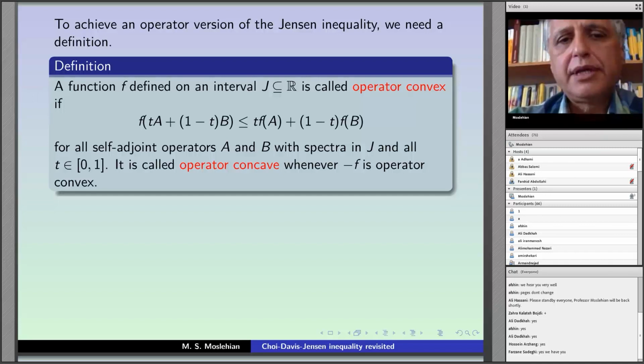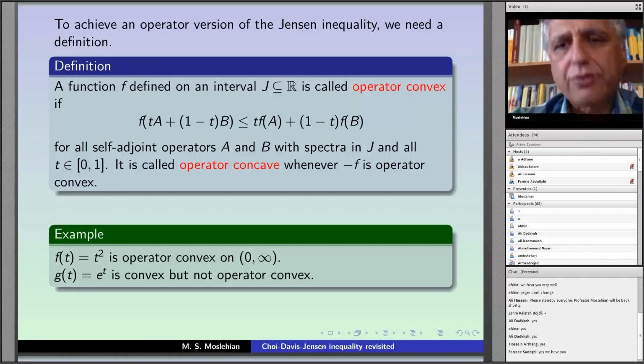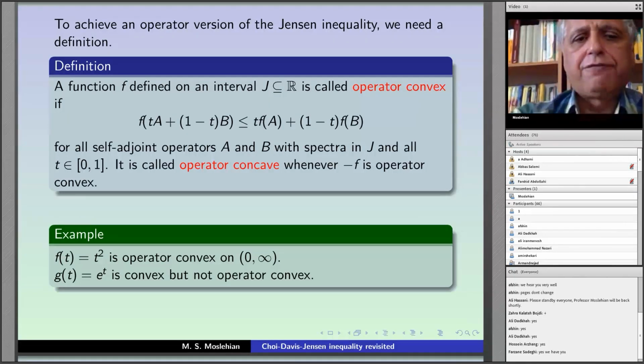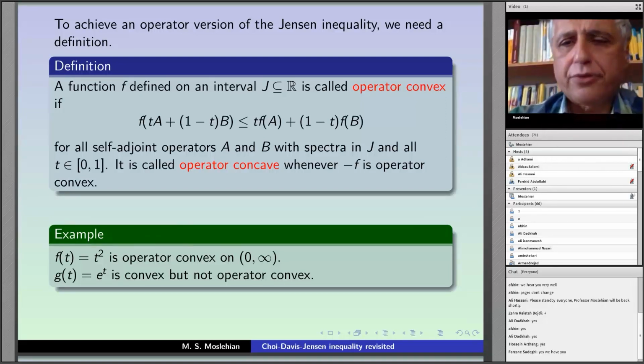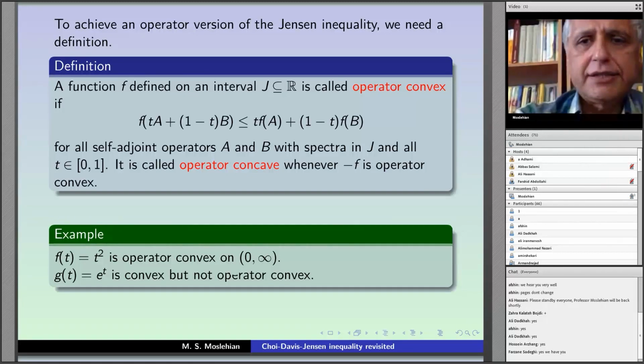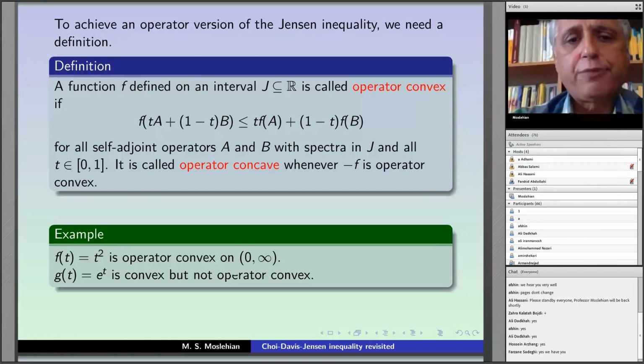If minus f is operator convex, then we say f is operator concave. For example, t^2 is operator convex. Of course, every operator convex function is automatically convex in the classical sense. But the converse is not true. For example, the exponential function e^t is convex, but not operator convex.